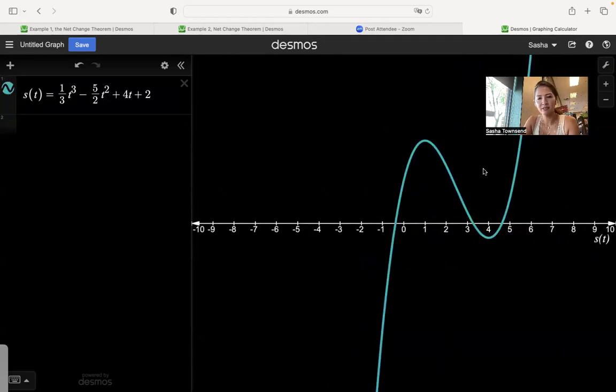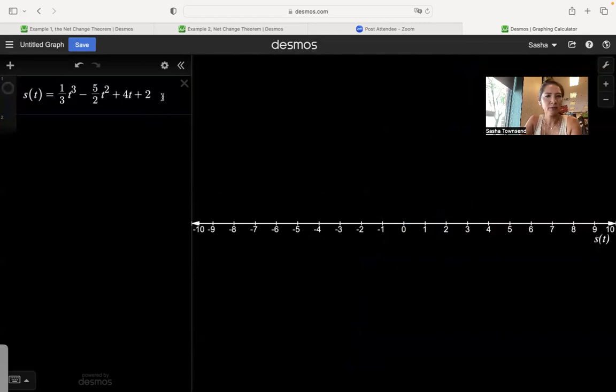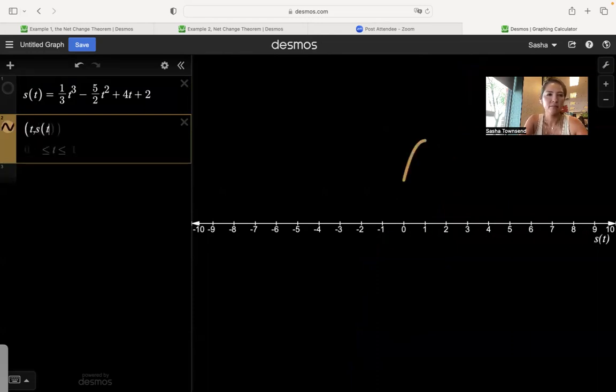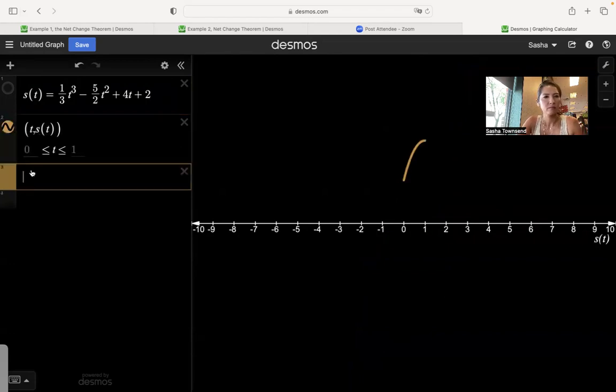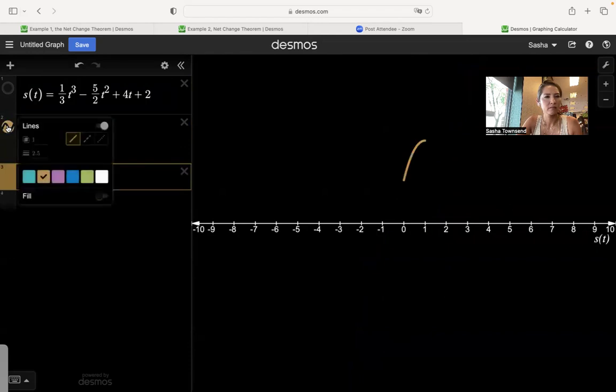Now we don't actually want to look at this graph. What we want to look at is the particle at various times. So we want to plot the point t, s of t. Actually not a line, it should be a point.